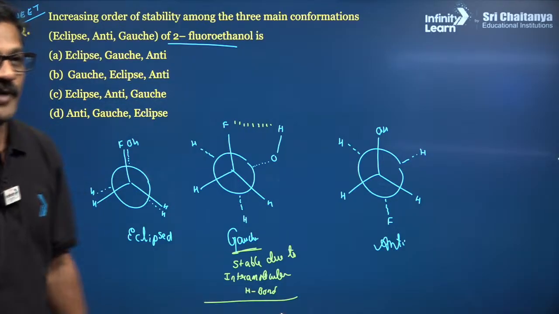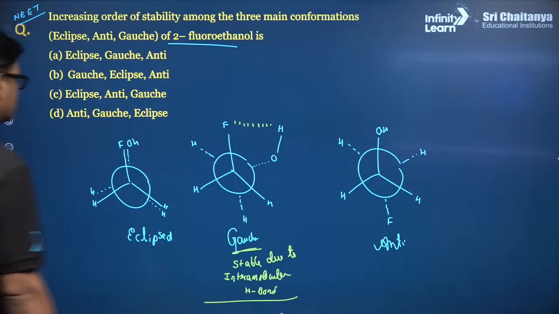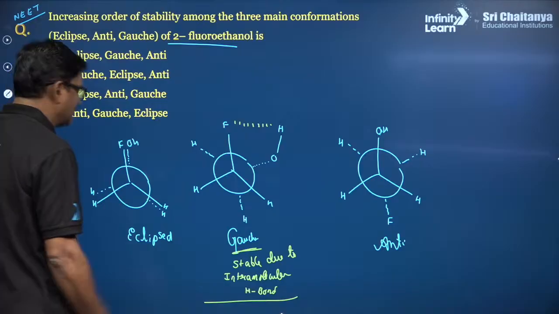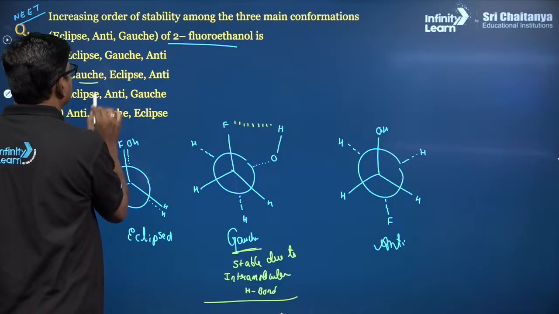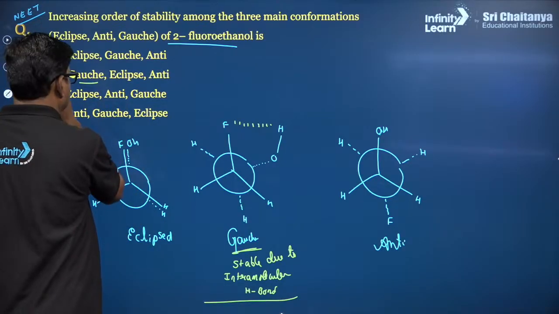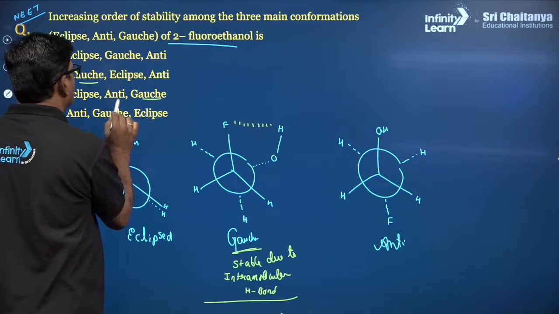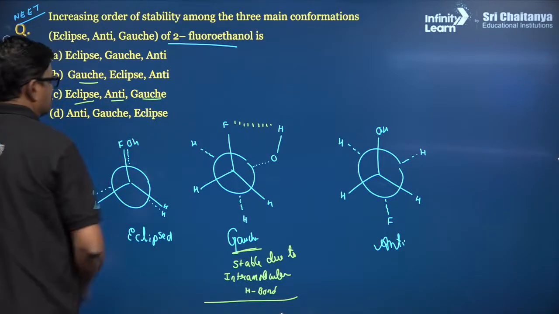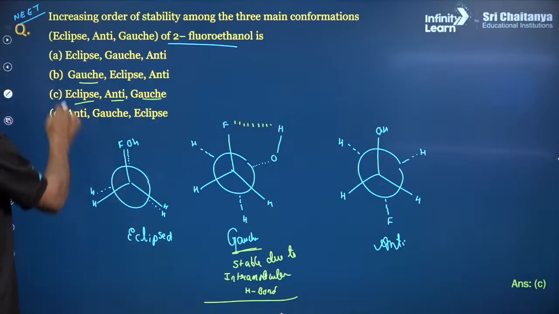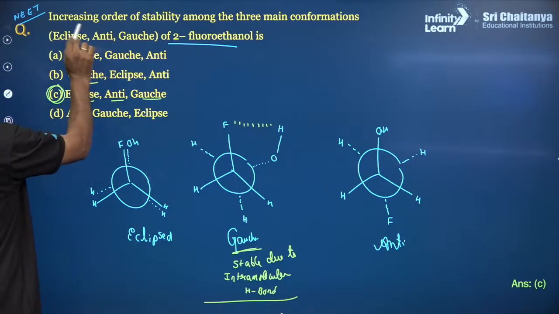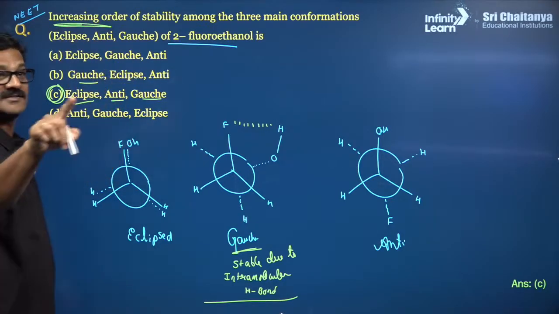Intramolecular hydrogen bonding, Monica. So gauche is more stable than anti, which is more stable than eclipsed. So my answer is going to be C, increasing order.